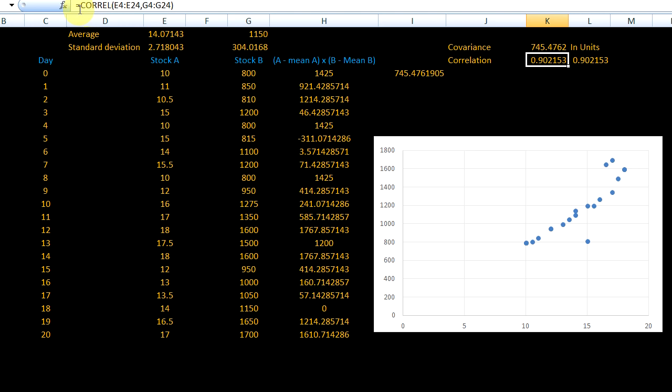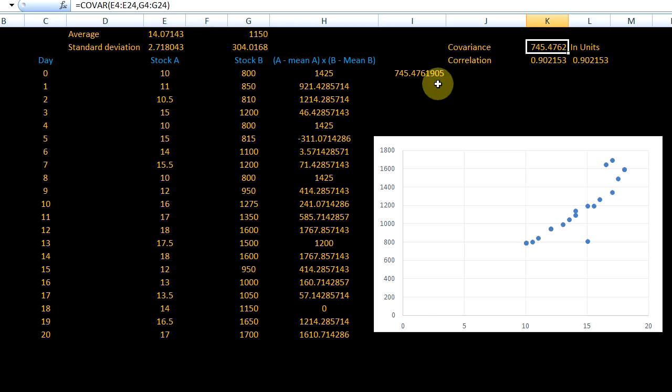And in Excel, you can use a formula called CORREL, which gives you the correlation. Now, one thing to remember, in Excel, you have only one covariance formula, which calculates the population covariance. So if you want to calculate the sample covariance, you need to multiply this number by the number of observations and then divide by n minus 1.